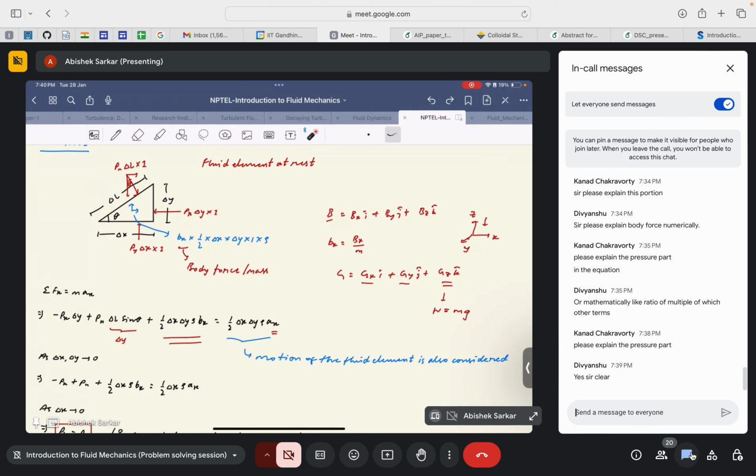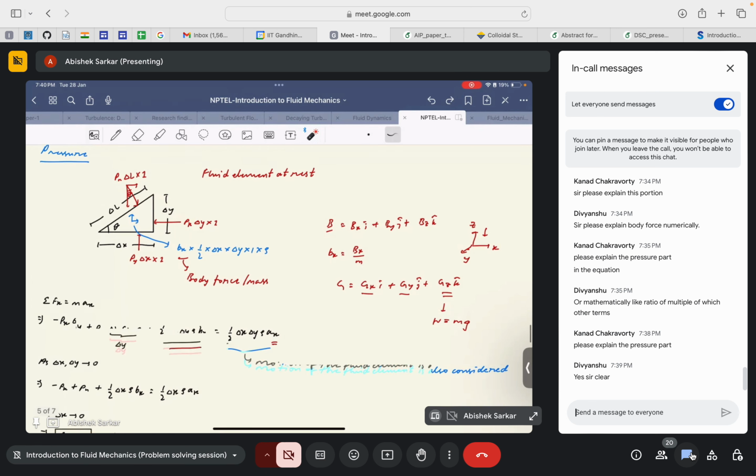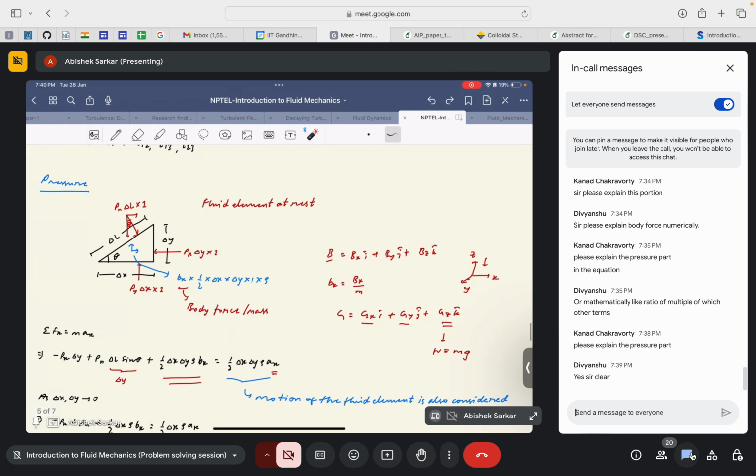As Professor Chakraborty might have discussed, the pressure is some entity that plays a crucial role while determining the dynamics of fluid molecules or the fluid system when it is static.